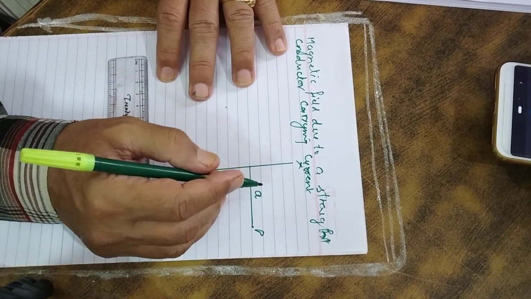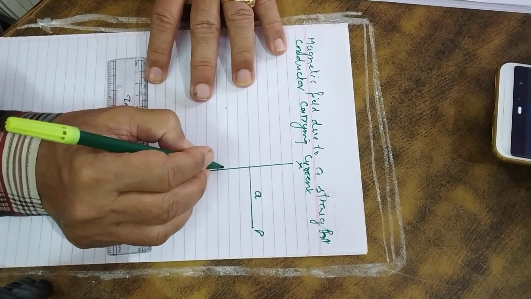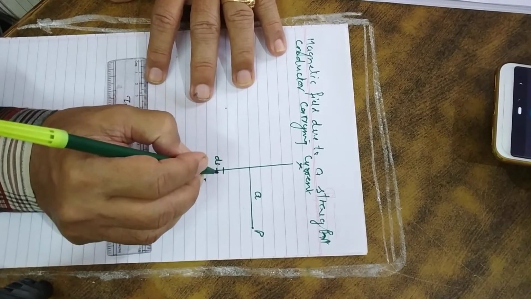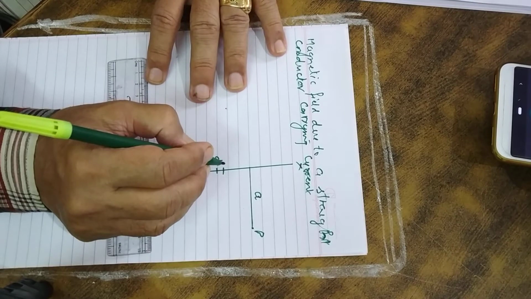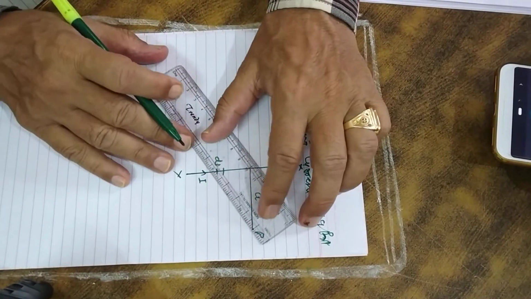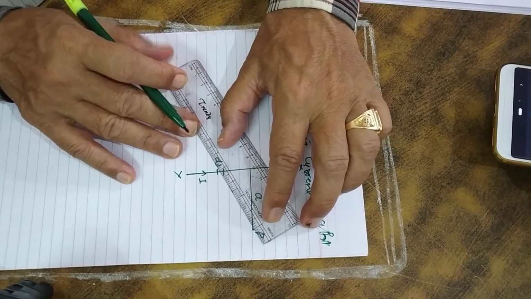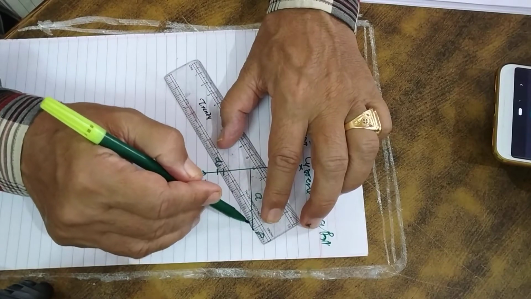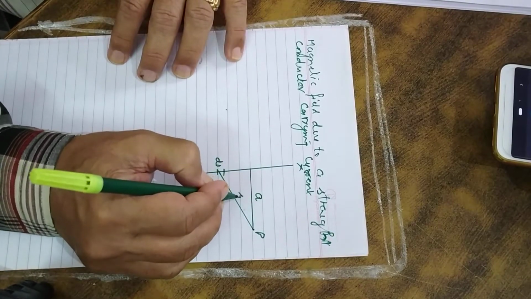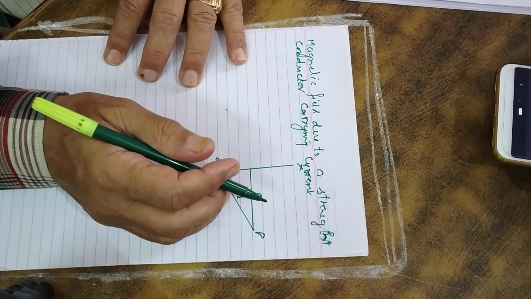Now consider a small element of length dl at a distance r. The distance of this element dl from point P is r.